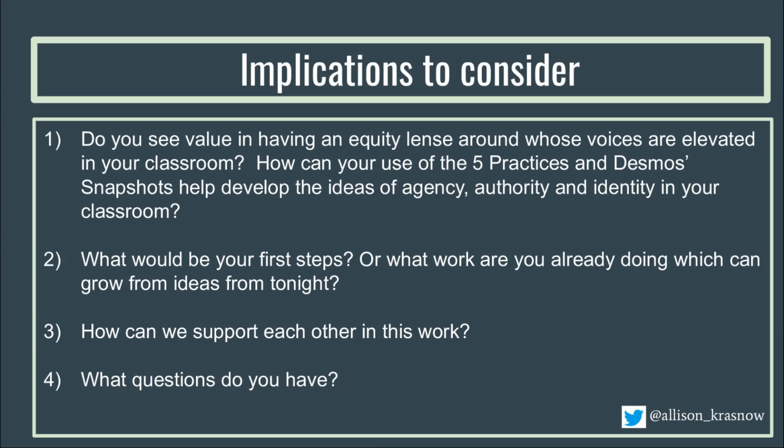Do you see value in having this equity lens around whose voices are elevated in your classroom? How can your use of the 5 practices and Desmos Snapshots help develop ideas of agency, authority, and identity in your classroom? Do you have first steps that you want to take? Or if you're already doing a lot with this, do you have ideas from this webinar that can grow from what you heard tonight? How can we support each other in doing this work, or just any questions for me? I'd love to answer any of those in our last couple of minutes.